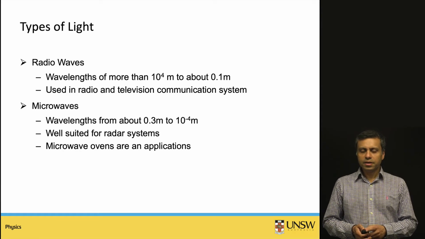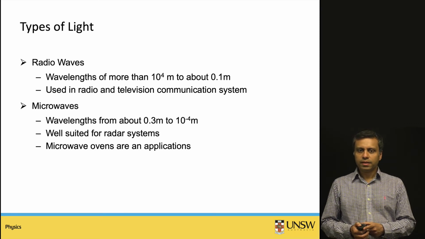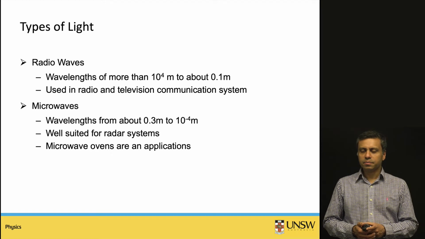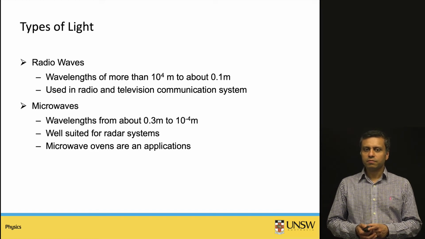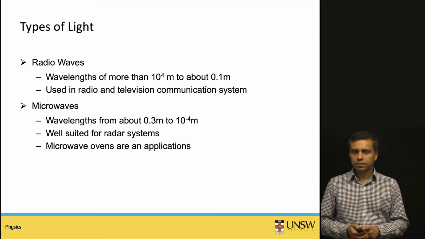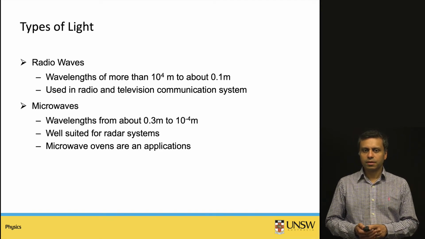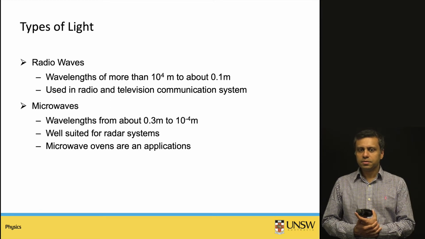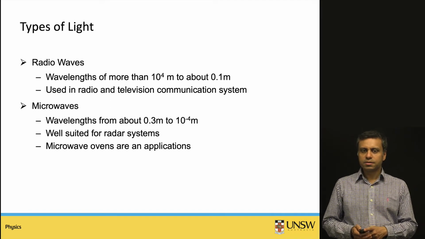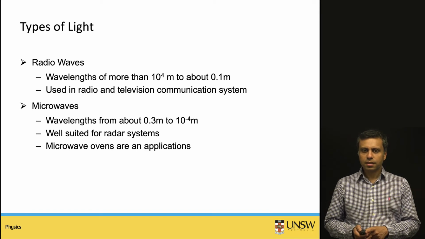So let us look at radio waves, which are at the other end of the spectrum, and their wavelength is very large. It could be of the order of 10 to the power 4 meters, of the order of kilometers, for example, or it could be even 1 meter or a bit less. This is used in radio and television communications, so these are very important in terms of applications.